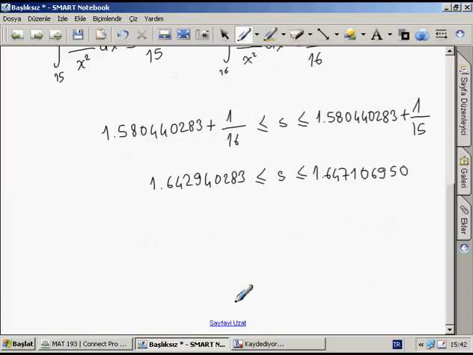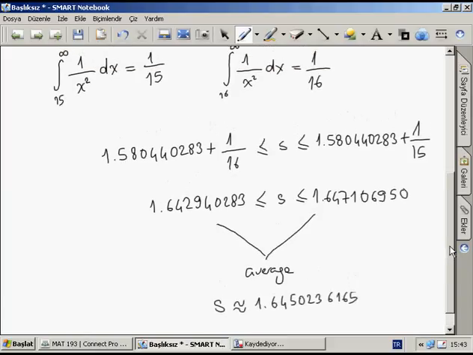Both the upper and lower bound are now very close to the actual value, really. And if we take the average of the two, we get the following estimate of the value, so that s approximately equals 1.645023616.